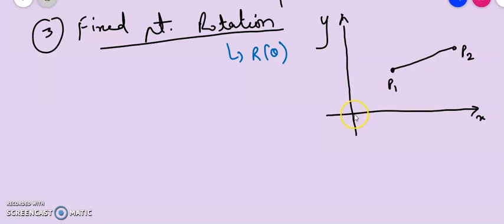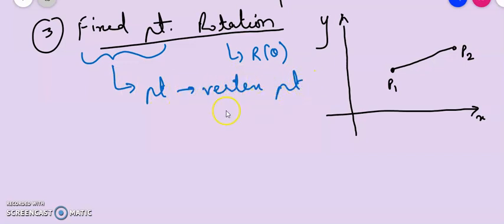If I am taking any reference point on the screen, the line will rotate according to the reference point like we have seen for the point. But when I'm talking about fixed point rotation, the fixed point is any point that's basically your vertex point of the object. Any one point of the object will be fixed.